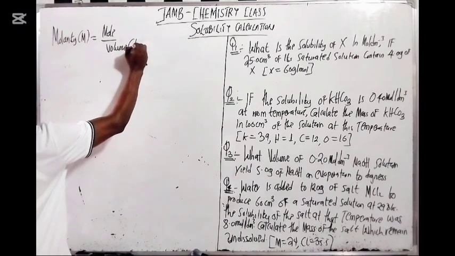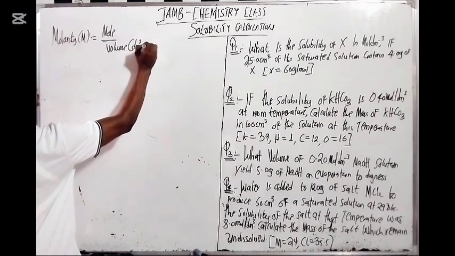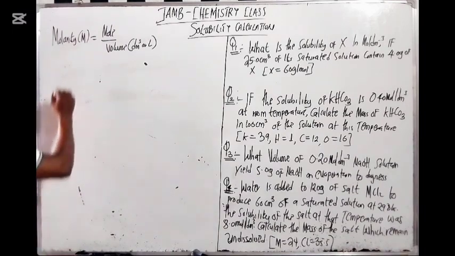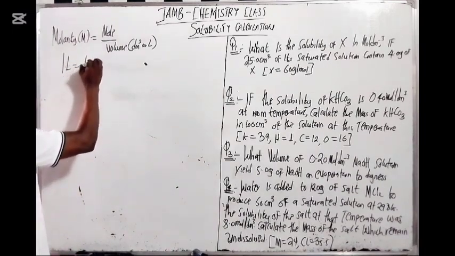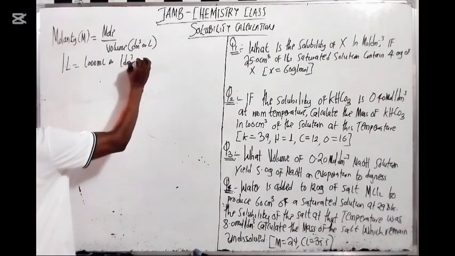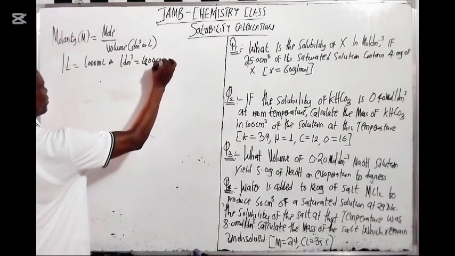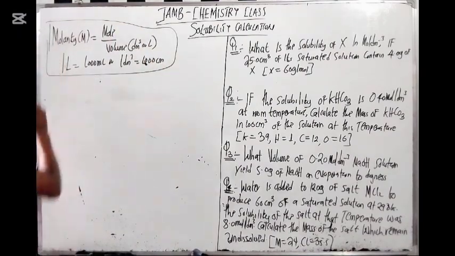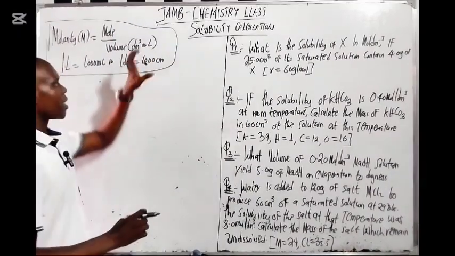Now the volume must be in dm³ or liter. One liter is equal to 1000 mL, or 1 dm³ is equal to 1000 cm³. This is the primary formula of molarity.